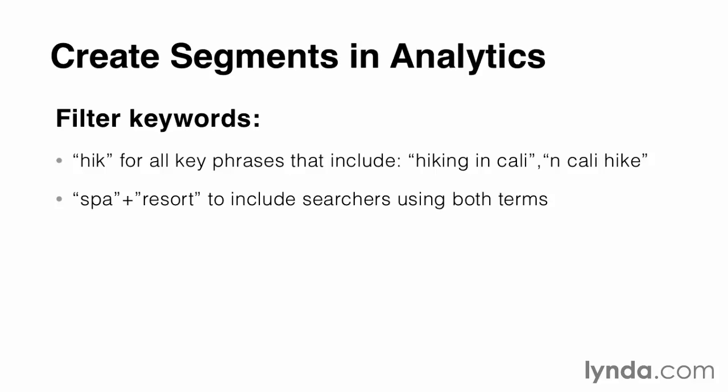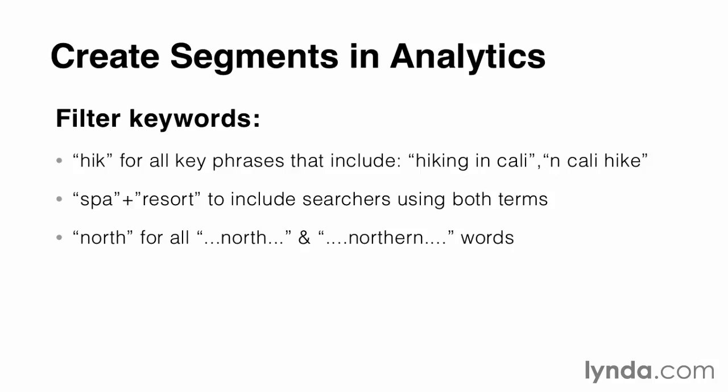So spa plus resort, because a lot of times this is used interchangeably, but specifically I can do spa and resort, spa or resort, in order to create a report to get both terms. Same thing with the word north, because people were searching on both Northern or North California.